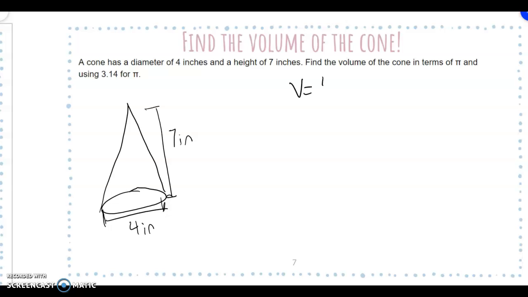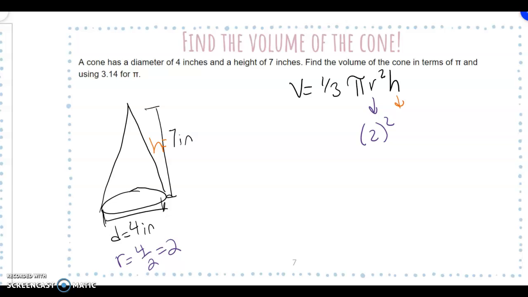So we're going to have V equals 1/3 pi r squared times our height. This is our diameter, so I need to find my radius by cutting the 4 in half to get 2. So my radius is 2. My height is 7. I'm going to bring everything else down.